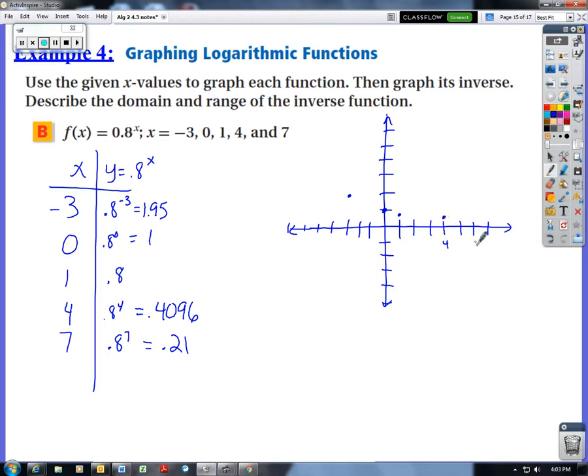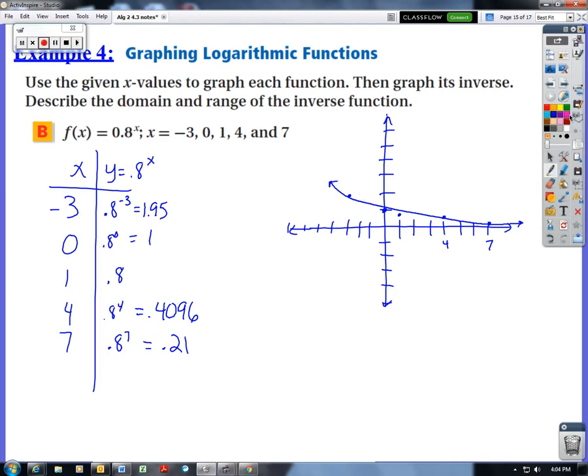And then 5, 6, 7, again, I'm at the right spot. 0.21, so it's about down there. So this is a decaying curve. It's taking its time, slowly decaying, and that's the original one.